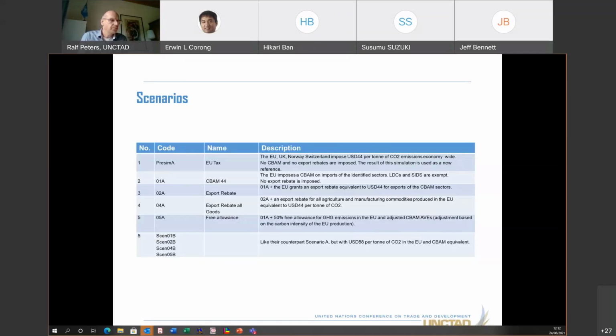So we assume a free allowance of 50% here. This is also given to foreign producers, but converted into metric tons. So if they produce less energy efficiently, then in percentage terms, the free allowance has a smaller value for them in relative terms. Scenarios B, which correspond to the first scenarios, we do exactly the same with $88, so twice the price for carbon emissions per ton.